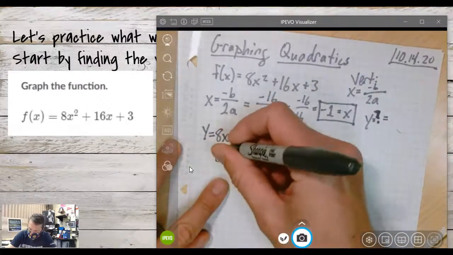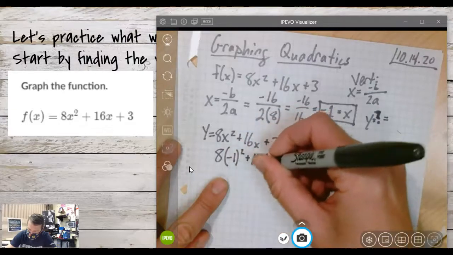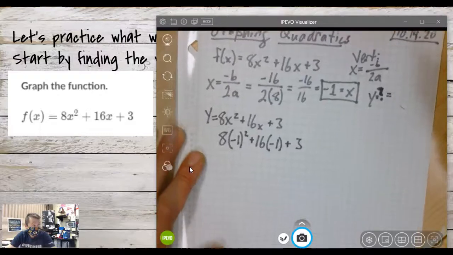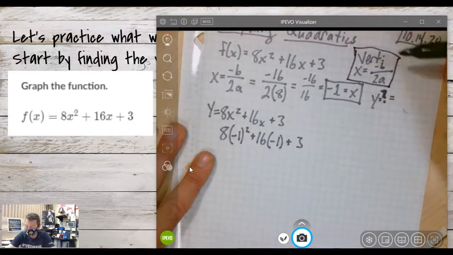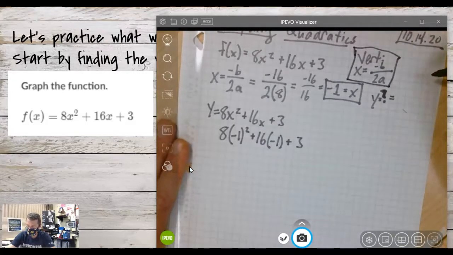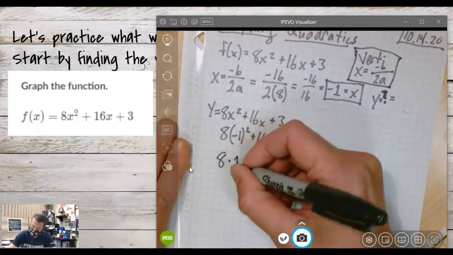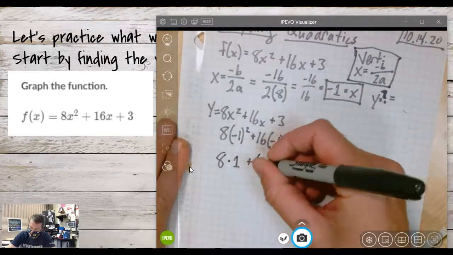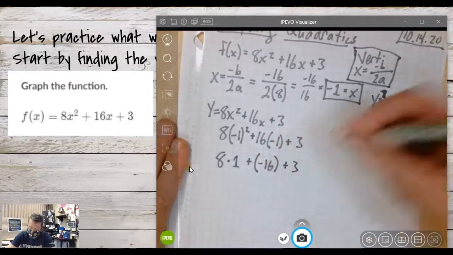Well, really, it's 8 times negative 1 squared plus 16 times negative 1 plus 3. So we're plugging in the x that we found from the equation for x of negative b over 2a. So this now becomes 8 times a 1 plus a negative 16 plus a 3.